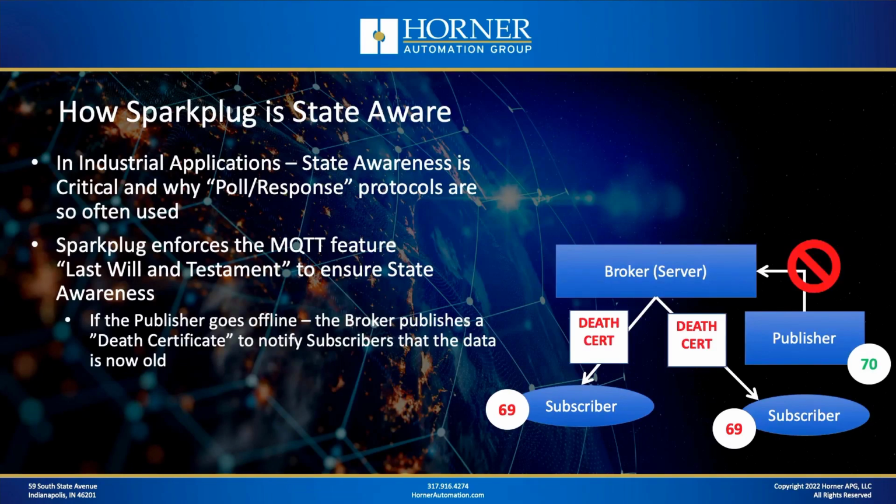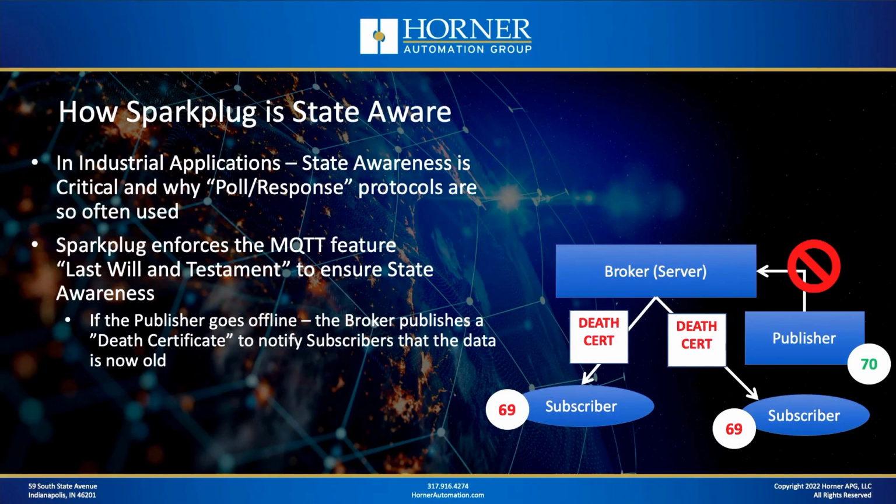Now, what happens if, for whatever reason, the publisher stops publishing data? Well, the keep alive signals will stop coming in, a timeout is going to expire, and then something called a death certificate will be distributed by the broker to all of the subscribers saying, hey, this publisher is offline now, so you still have the latest copy of the data that I have, but this is now an offline node, and so now those subscribers can react appropriately.